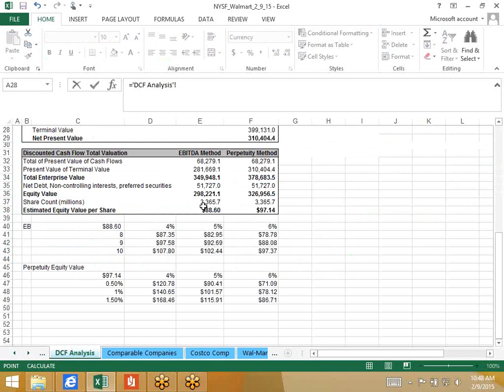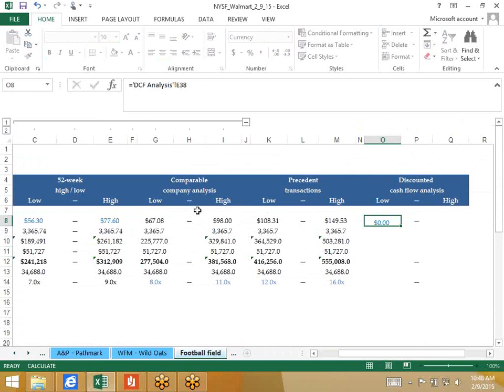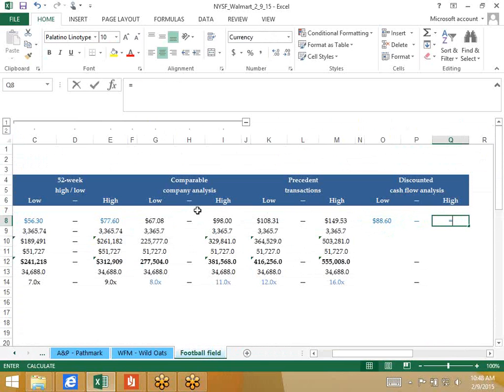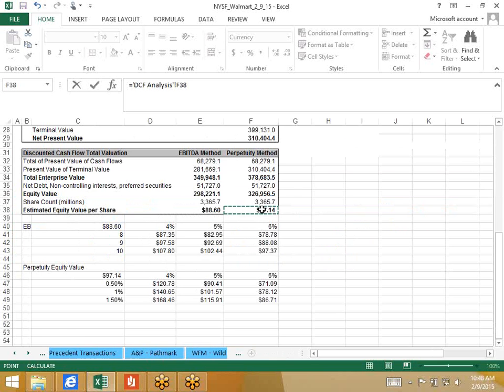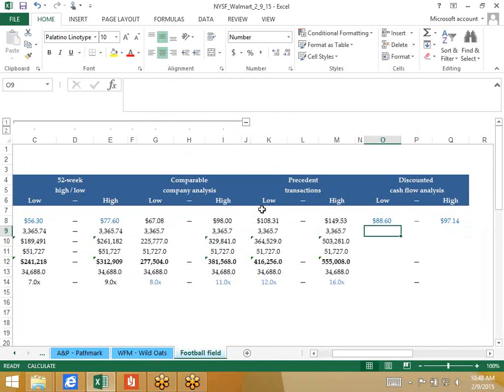From the DCF analysis, 88.60, and the high, from the DCF analysis, 97.14. And like what I did with the LTM, I'm going to take the stock price and back calculate what the implied equity value, enterprise value, and multiple ranges would be. So I'm going to take the diluted shares and multiply.